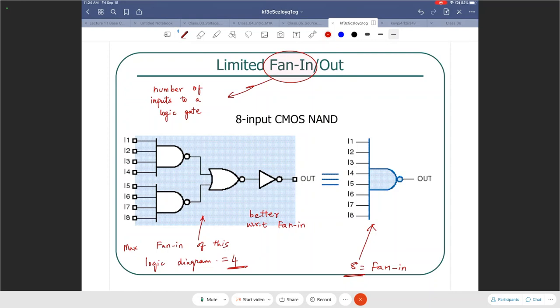So what is the trade-off for this? When you think about the two things, they are logically the same. They are both 8 input NAND gates. Can you think of some aspect of circuit design that is better in the right gate? More gates needed. Okay, so more gates lead to what?